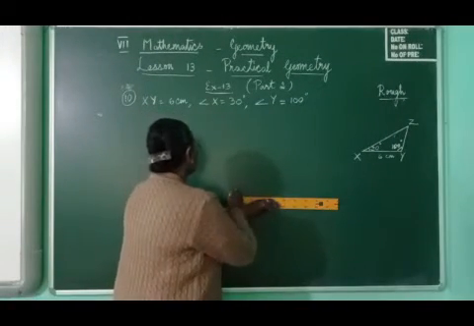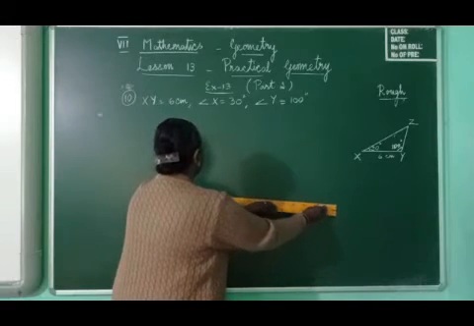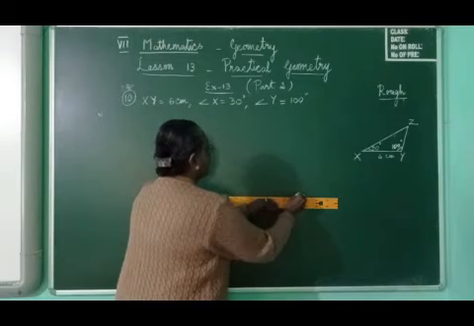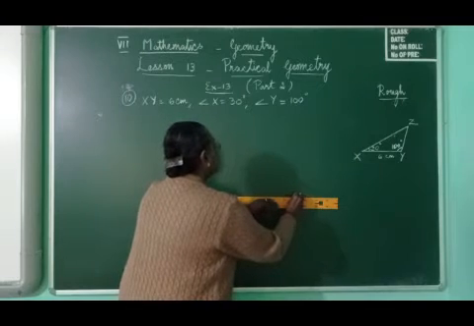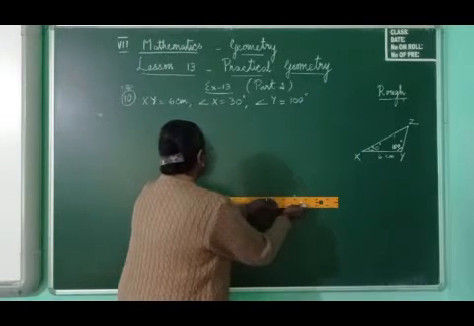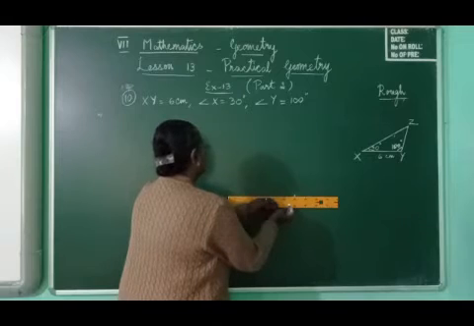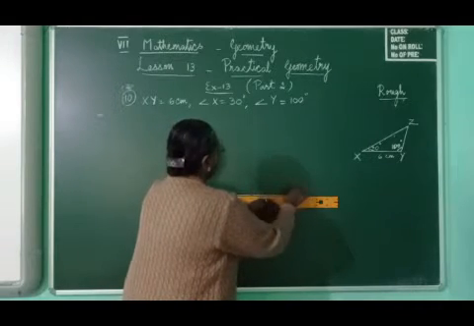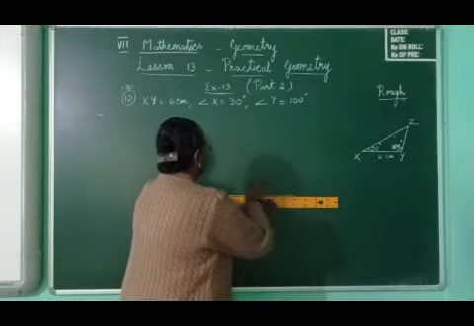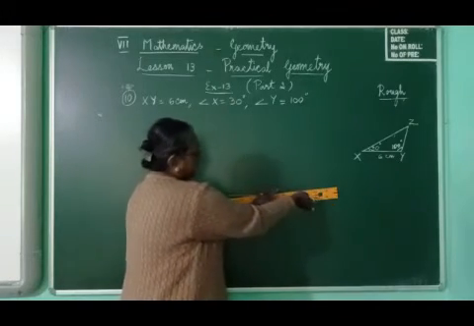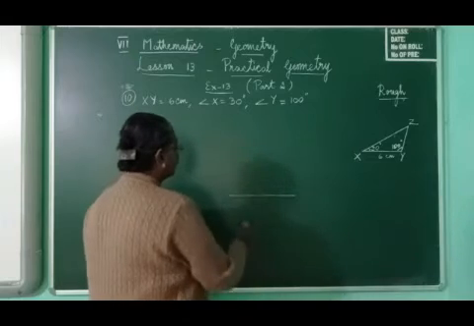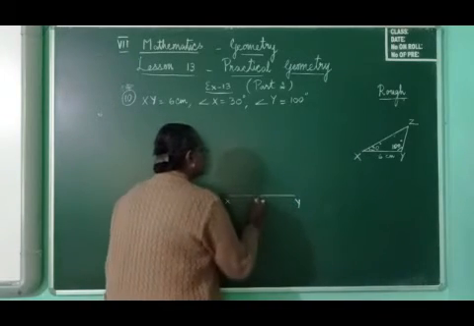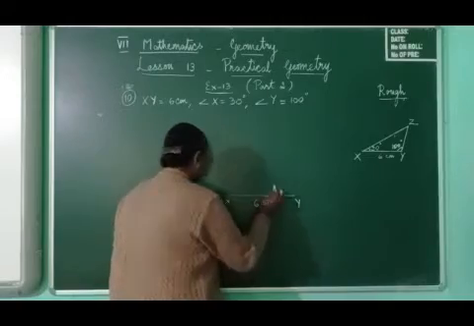So we will keep a point at 0, then keep a point at 6, and then we will draw the line XY, the line segment XY of length 6 centimeters. So we have drawn line segment XY of length 6 centimeters.